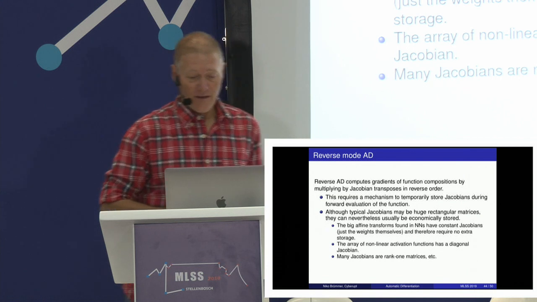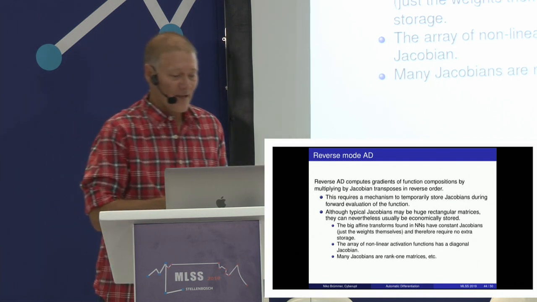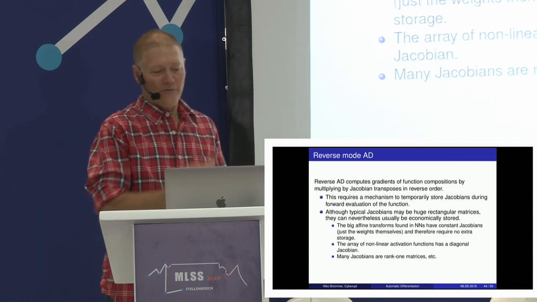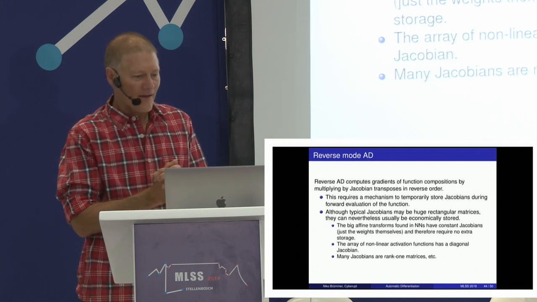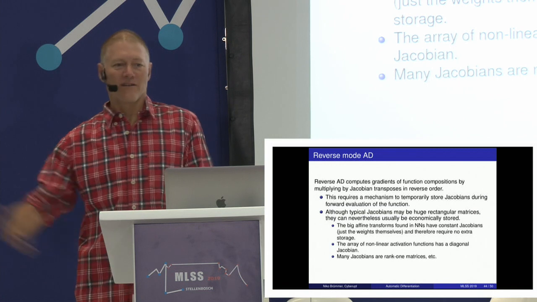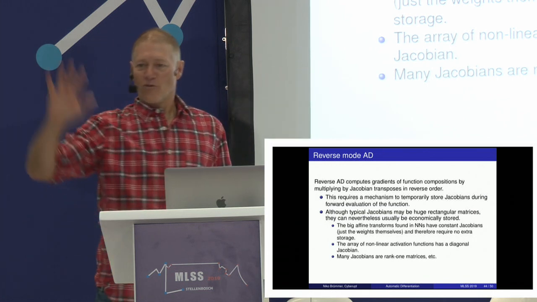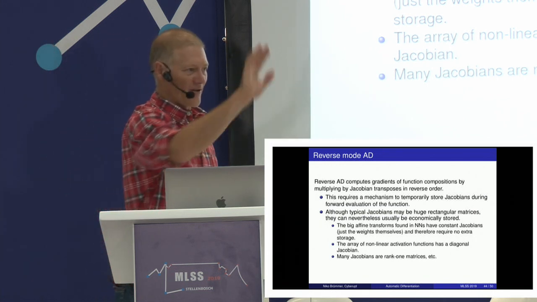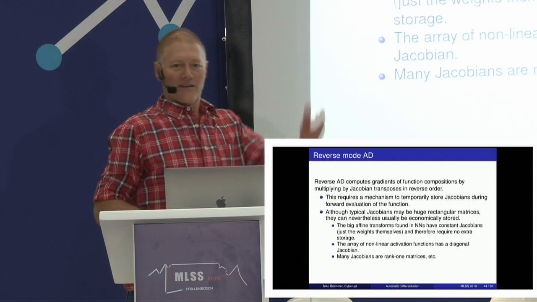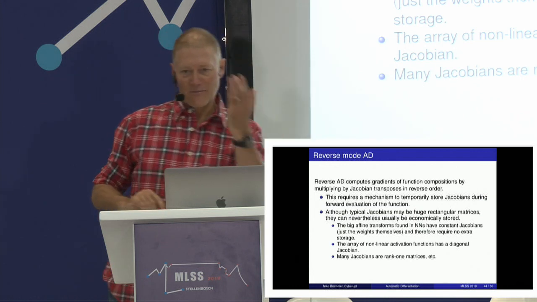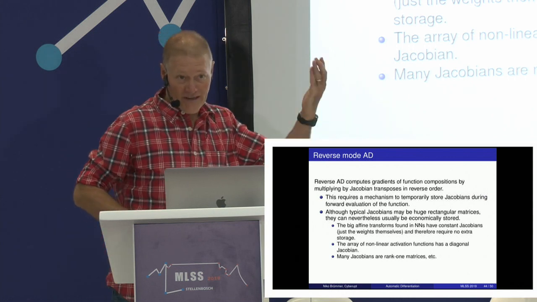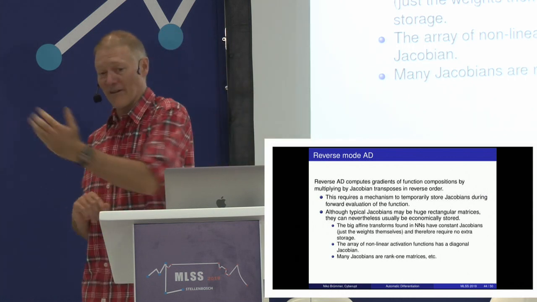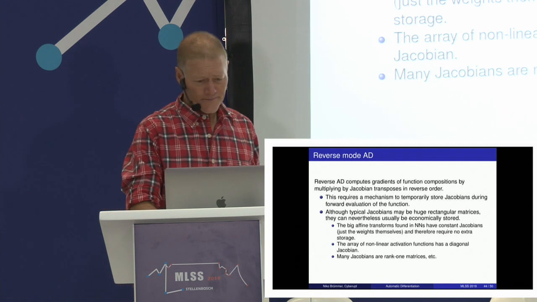So in practice, often you're not going to need to store the whole Jacobian, but implicitly what happens, in the forward evaluation, all the Jacobians are stored as you go along, and when you backpropagate, you're going to need to come back and multiply the backpropagating gradient with each of those rectangular Jacobians.